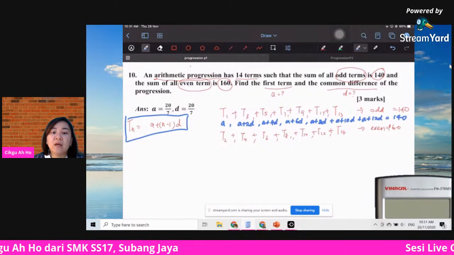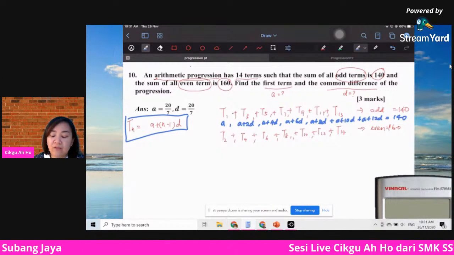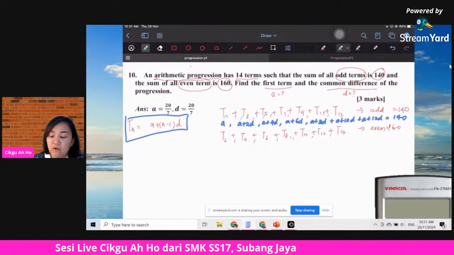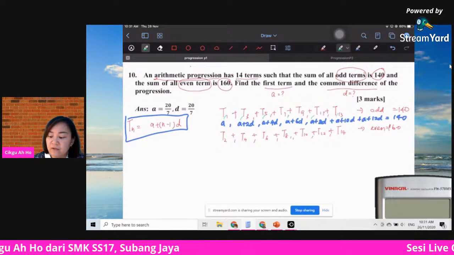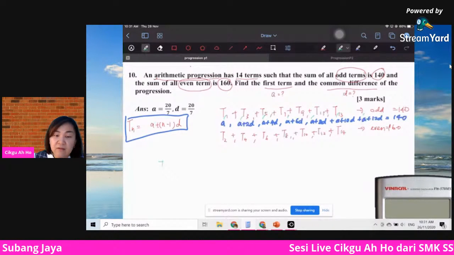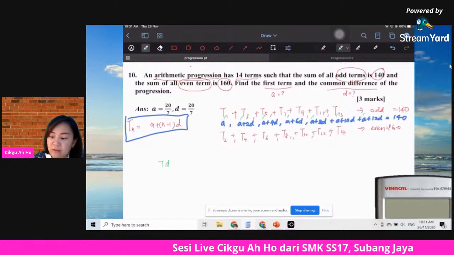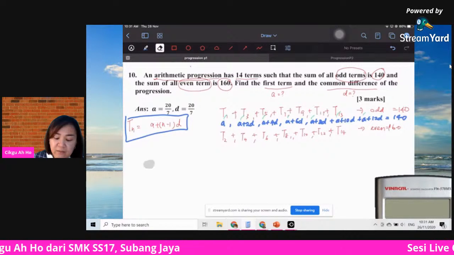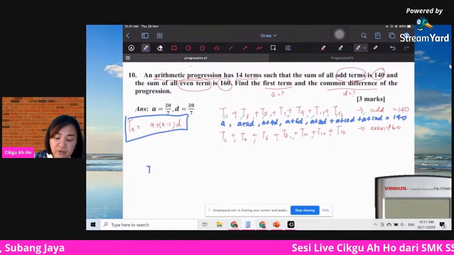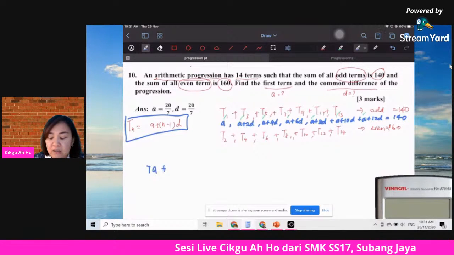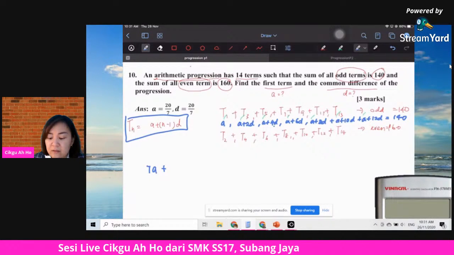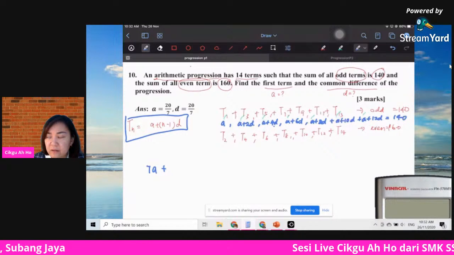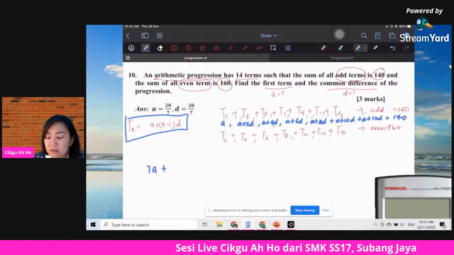Now total up all the A. How many A do you have? 1, 2, 3, 4, 5, 6, 7, so 7A plus how many D? 2 plus 4 is 6, 6 plus 6 is 12, 12 plus 8 is 20, 30, then 42.